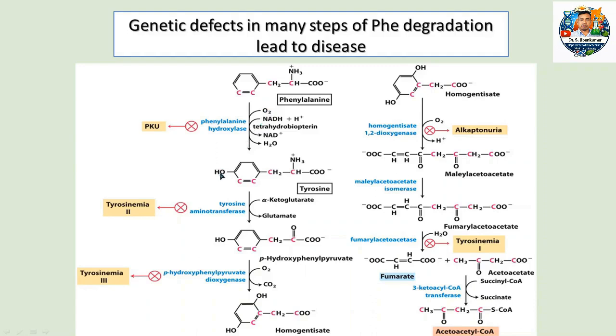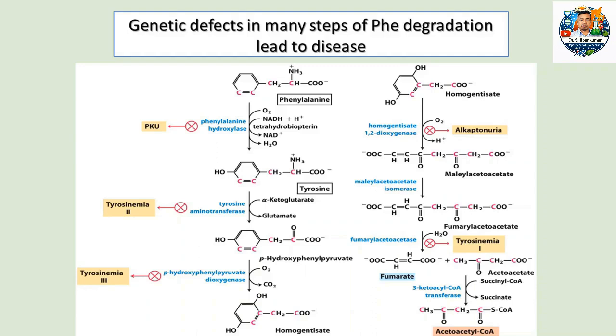So in this reaction, oxygen serves as the source of the oxygen of the hydroxyl group, and the electron and proton come from the NADH. So this NADH, which is the reduced form, is converted to the oxidized form. Of the two atoms of this oxygen molecule, one has gone here, and the other comes out as a water molecule. And this reaction is catalyzed by the enzyme phenylalanine hydroxylase.